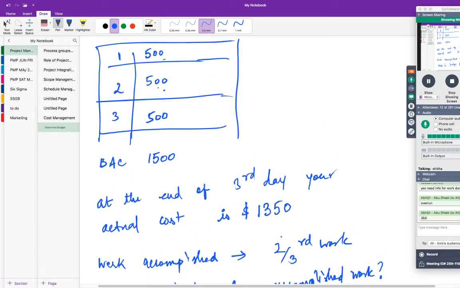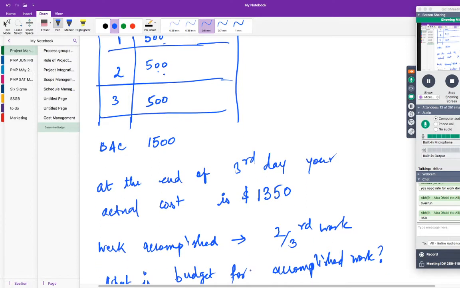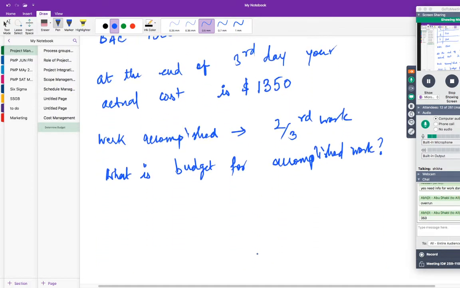Here you are able to see that 1000 is the budget for 2/3 of the work, just by looking at it. Otherwise, what you can do is 2/3 into 1500. So 2/3 into the overall budget gives you the budget for accomplished work.